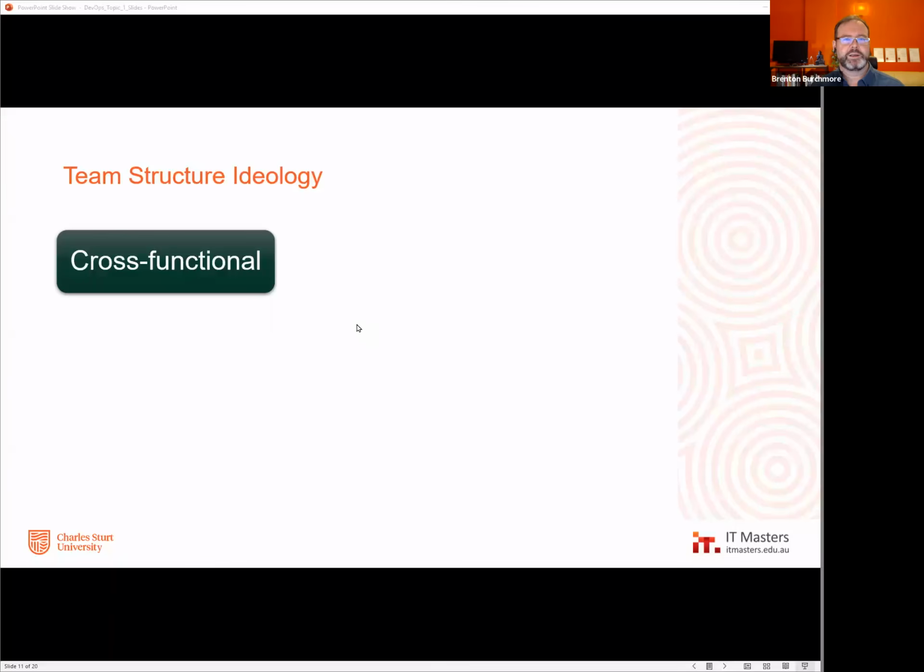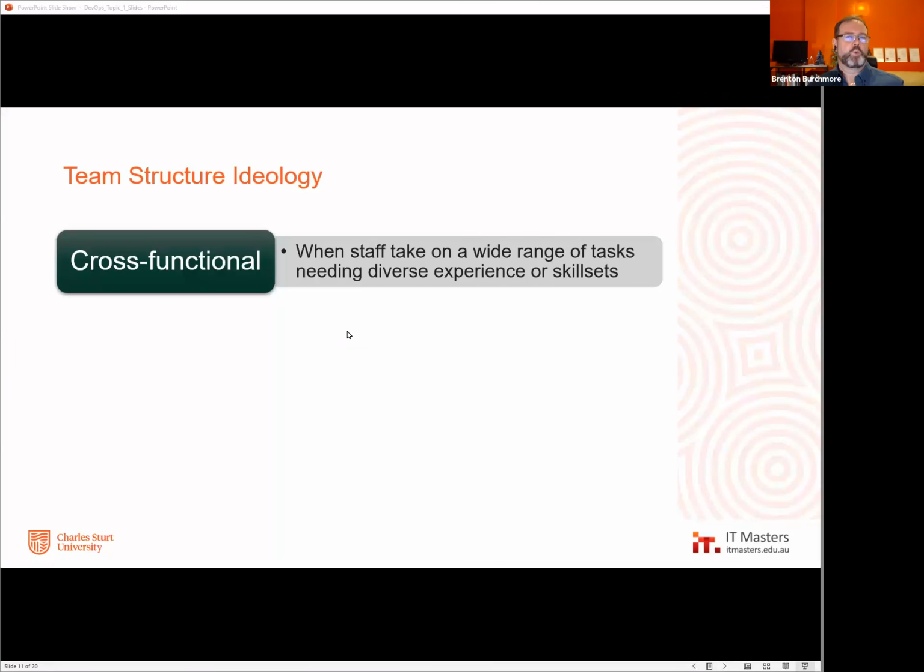If you look at different kinds of team structures that exist in the world, we might think of a cross-functional team. This is where you often find situations where people are asked to do a wide variety of tasks, a team of people doing multiple functions and sitting on different problems, wearing different hats.